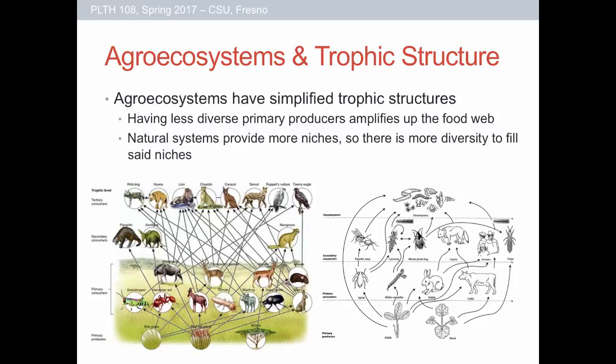agroecosystems. Which on one hand can be bad because these pests can get out of control, but on the upside, it does allow us to manipulate systems so that our natural biocontrols can really take off and do very well without having to interfere with other species.